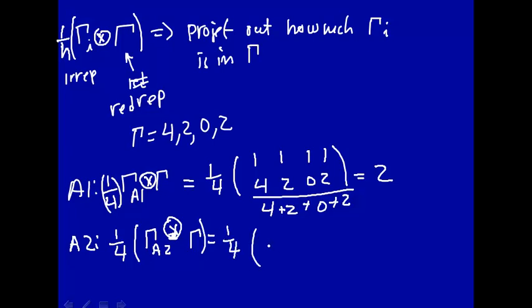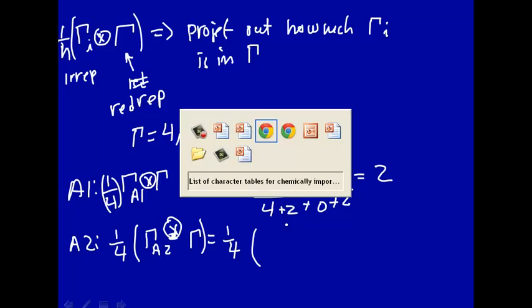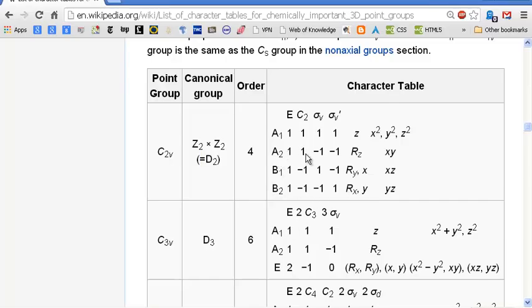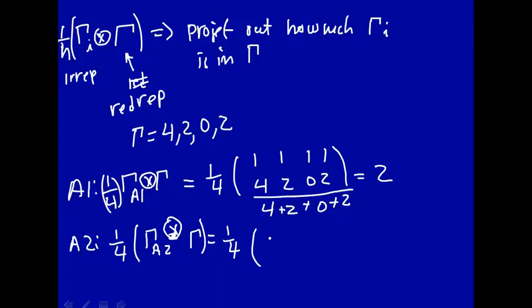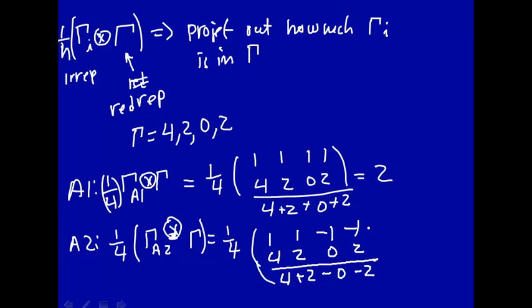All right, A2 is 1, 1, minus 1, minus 1. And the reducible representation is 4, 2, 0, 2. So we multiply this together. This is 4 plus 2 minus 0 minus 2. So that is 4. Divide that by 4, you get 1. So there's one A2 in that.